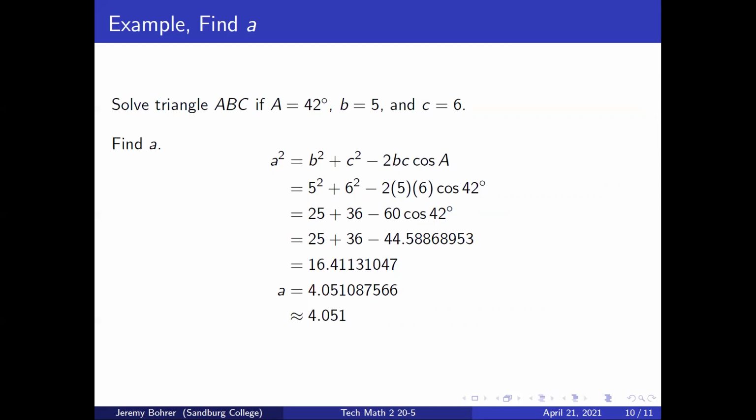Take the square root of both sides to get a equals 4.05108756, which is about 4.051.